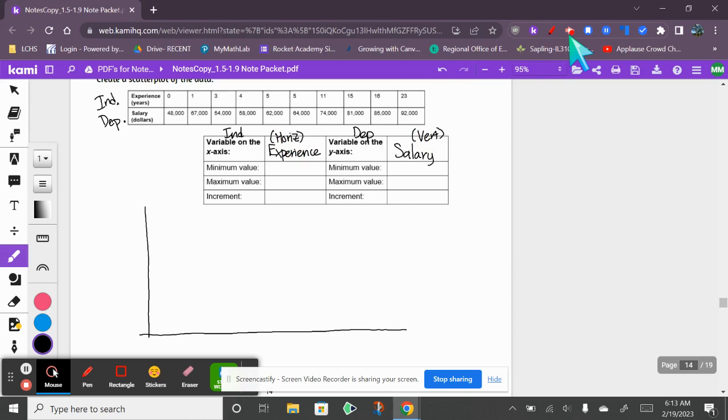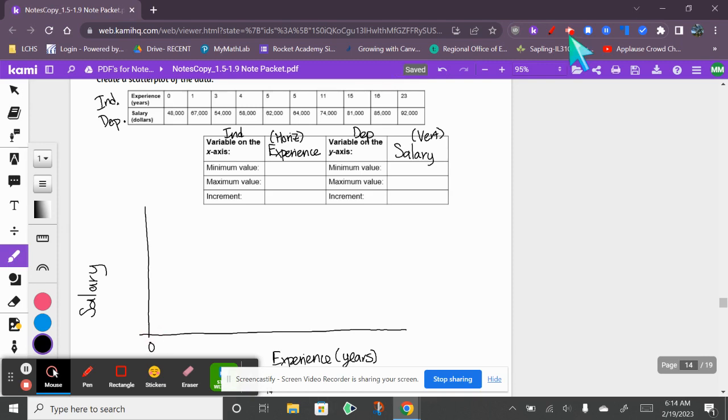So we're going to put experience in years here. And then we're going to put our salary over here. Now, our experience in years ranges from 0 all the way to 23. So when I think of values that I want to use for my tick marks, for this I would start at 0.